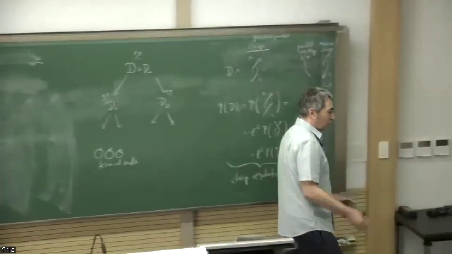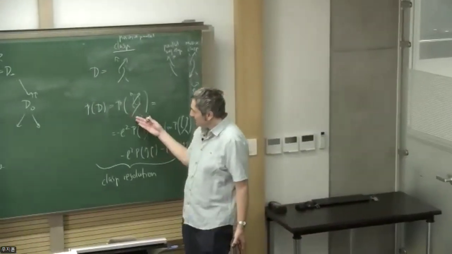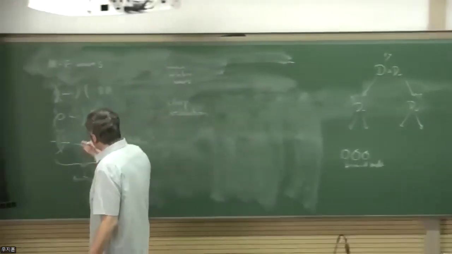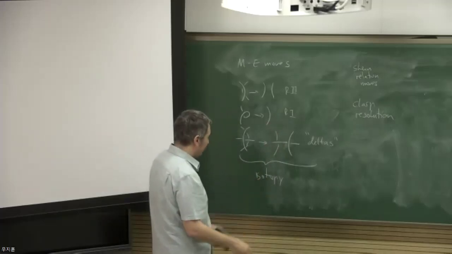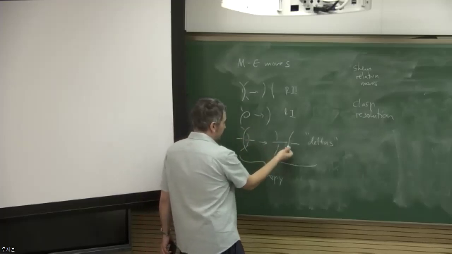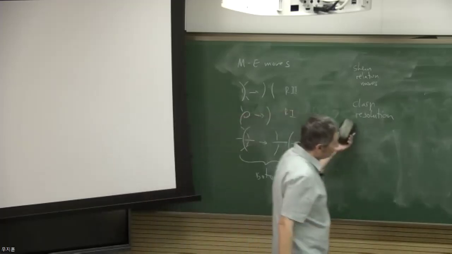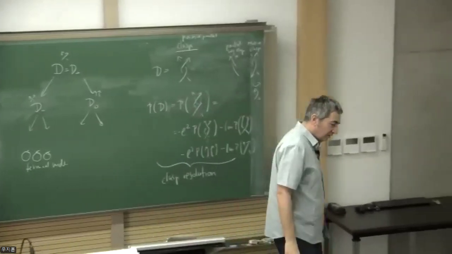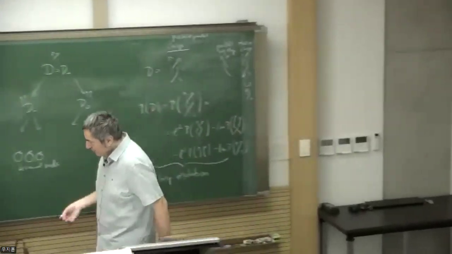invent some sort of a global move. Okay, so you see this sort of moves here. They always change a portion of the diagram which has a bounded number of crossings. So you have a piece that has 4 crossings, this has 2, this has 1, 0, 2, 0. Okay, and in a clasp resolution also this has 2 crossings and it is changed to 1 and to 0. But these moves are not enough.